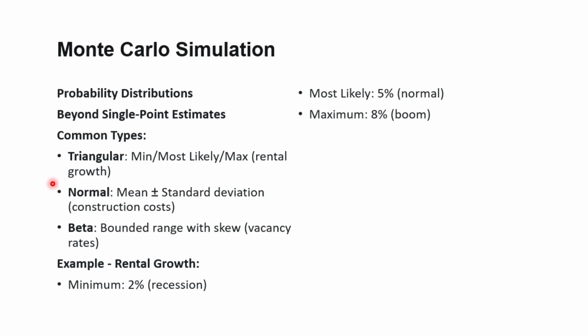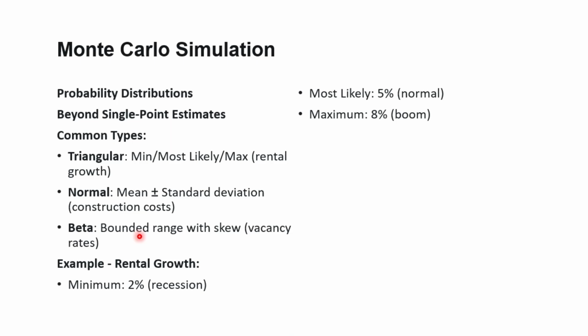Common distribution types include triangular distribution for rental growth, minimum, most likely and maximum, normal for construction cost, mean plus minus standard deviation, and beta distribution for vacancy rates, bounded range with skew.